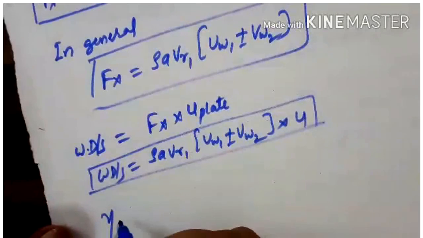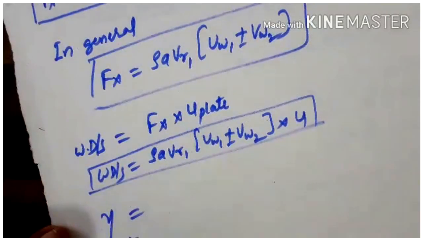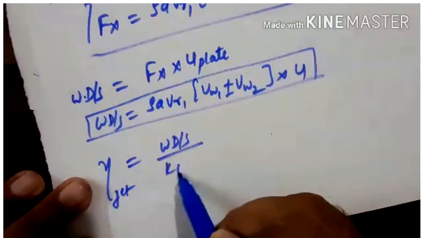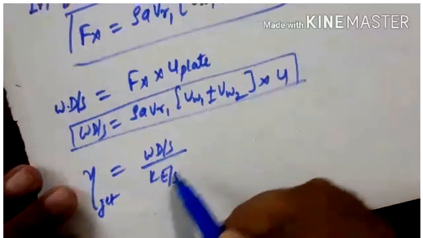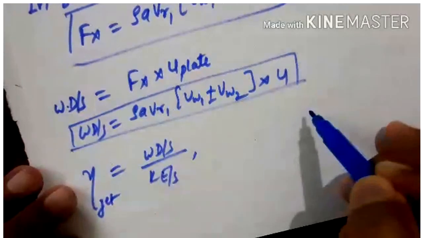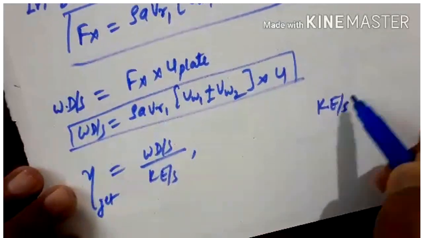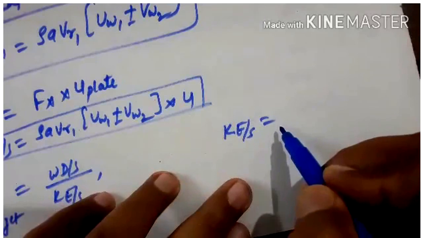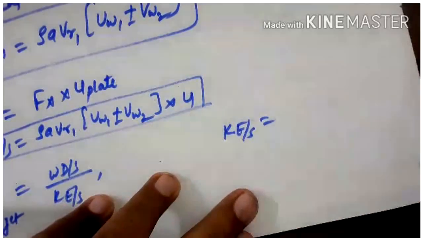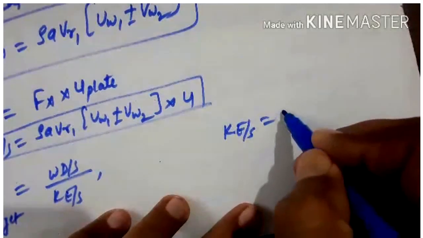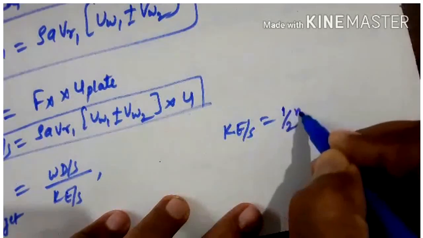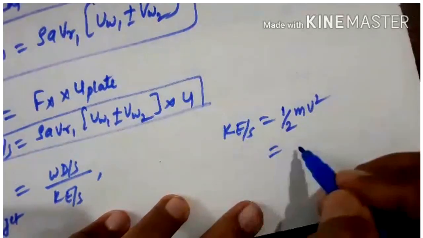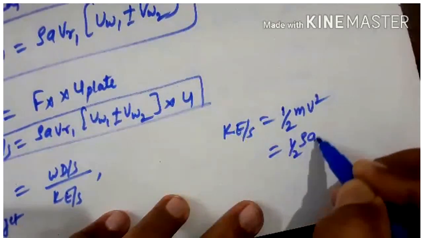Then if you want to calculate the efficiency of the jet, it is work done per second, the output, divided by the input, kinetic energy per second. Here, as usual, kinetic energy per second will be half m v square, but this is per second, so we get half rho A V cube.